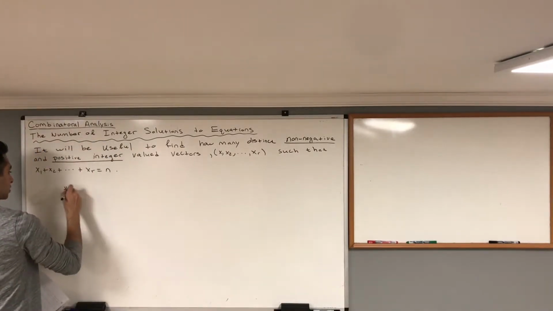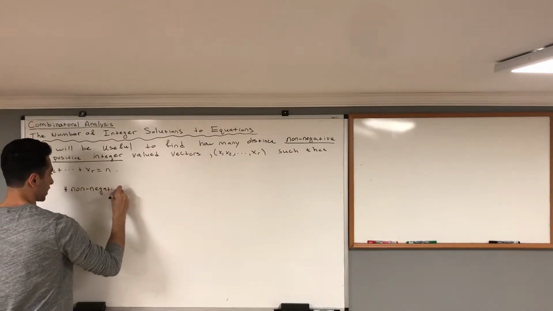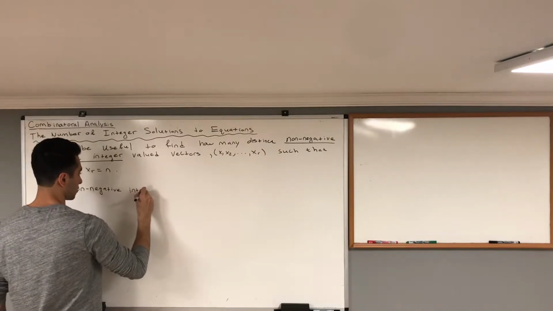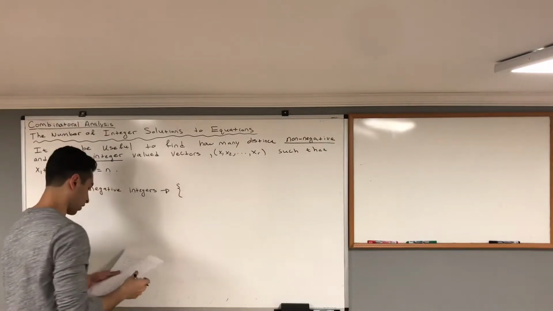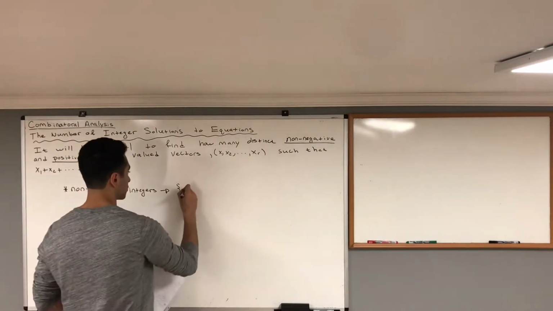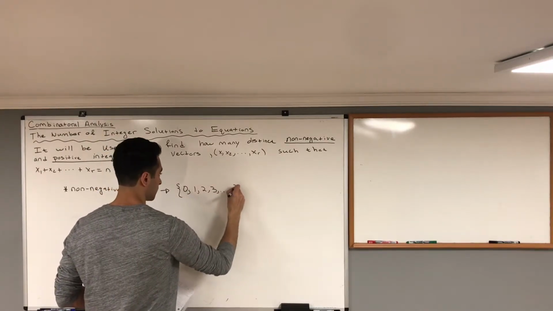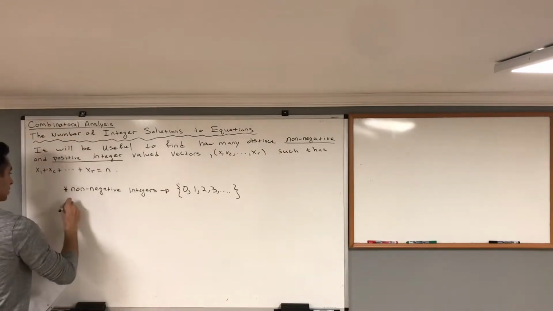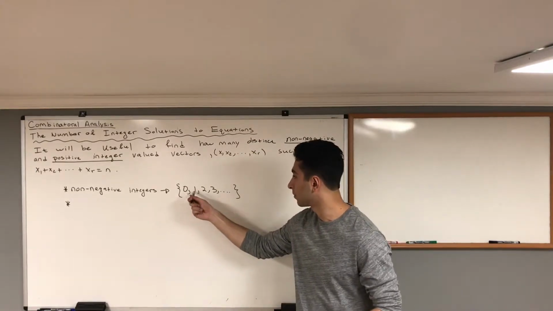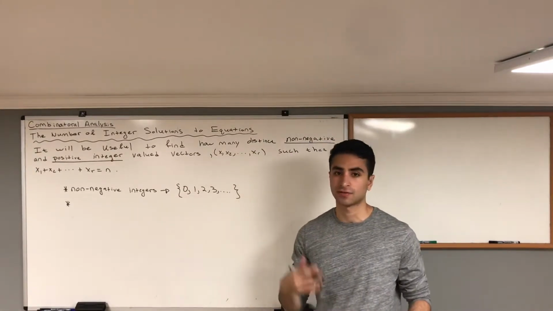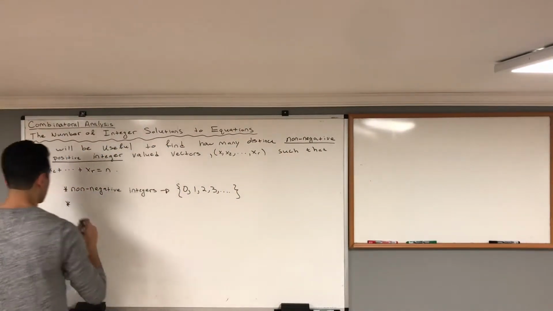So just to refresh your memory if you've never seen it before, non-negative integers is the set of these numbers. So 0, 1, 2, 3, and so on. So non-negative just means, well, not negative numbers, right? Only the positive numbers plus 0. 0 isn't positive or negative. So non-negative are these integers.